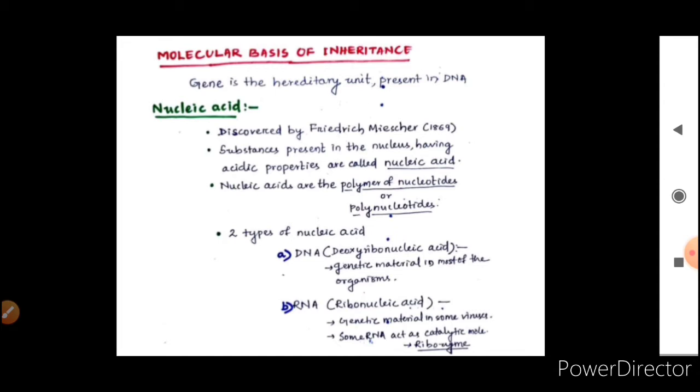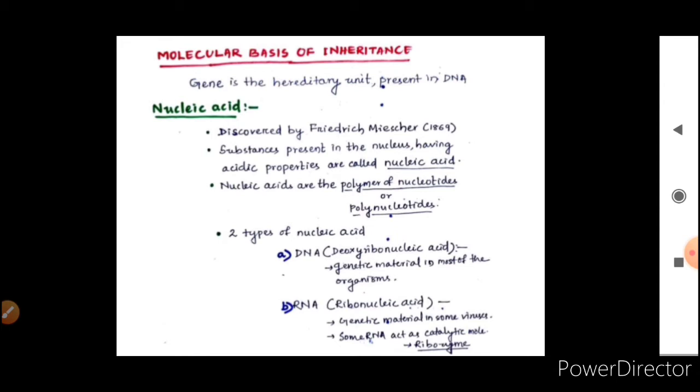Nucleic acids are polymers of nucleotides, or polynucleotides. Two types of nucleic acid are present. First is DNA, that is deoxyribonucleic acid, the genetic material of most organisms, and RNA, that is ribonucleic acid. This is the genetic material in some viruses.